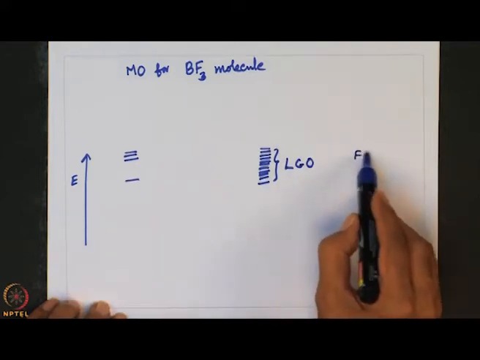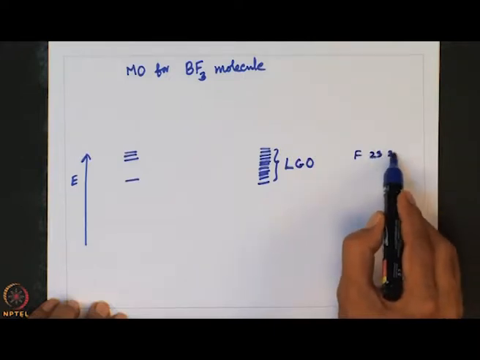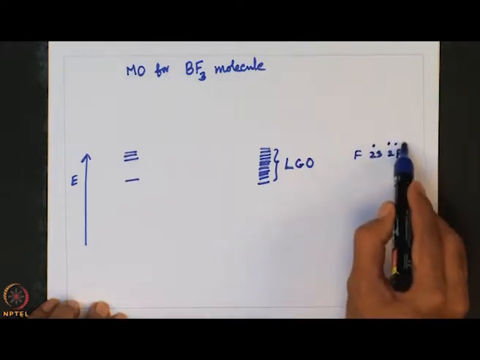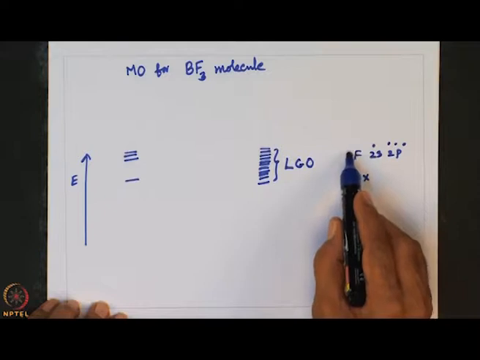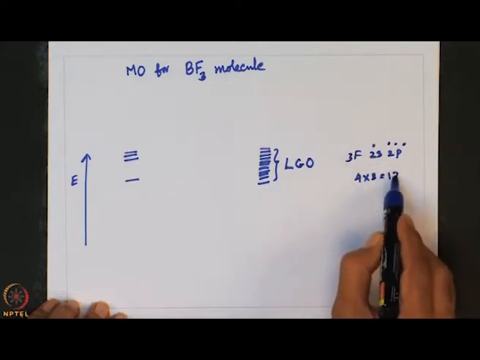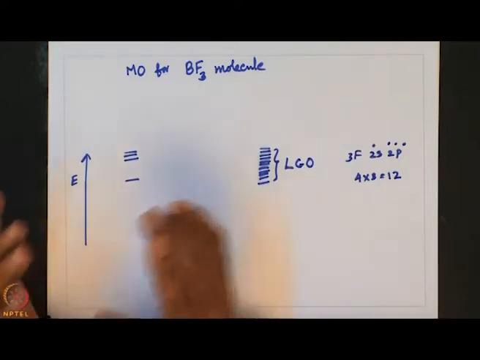Each F has 2s and 2p, that is 1, 1, 1, 1, 4 orbitals, and 4 into 3 F, so we get a total of 12 atomic orbitals from fluorine participating in making the BF3 molecule. While writing the MO diagram, we are considering 12 fluorine atomic orbitals and 4 boron atomic orbitals. A total of 16 atomic orbitals are involved in writing the MO diagram for BF3.